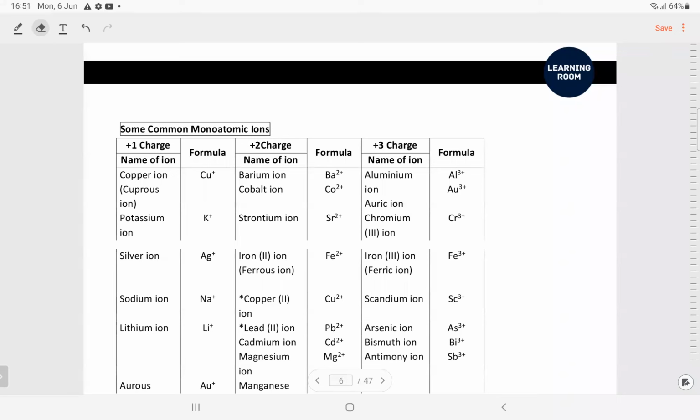K is the first shell, L is the second shell, M is the third shell, N is the fourth shell. My question is, what is the shape of the electron? Round, spherical. It is spherical. Round. Okay. Actually, we have to say it in a defined term.